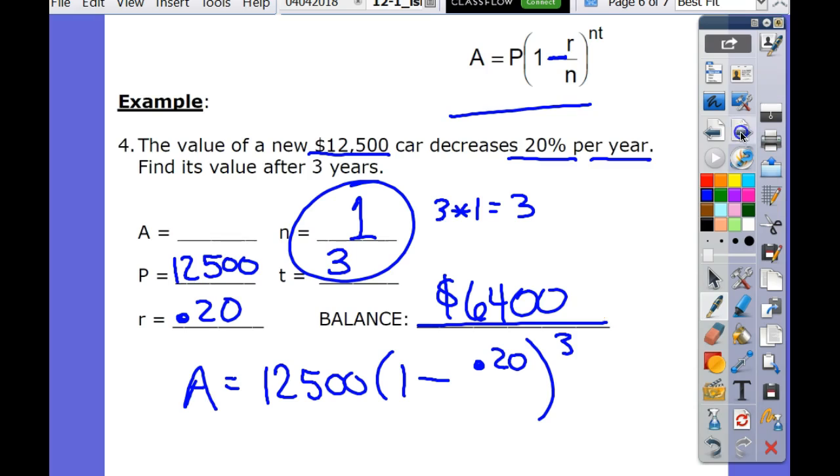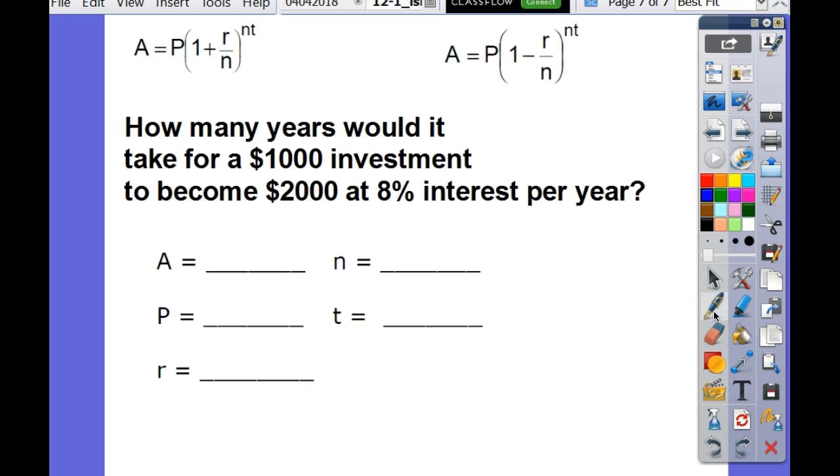Now, there is one more example that's not on your paper that I would either like you to add on the bottom margin or on the back. Now, I have some investments, and if I'm ever going to retire, I need my investments to double in amount.